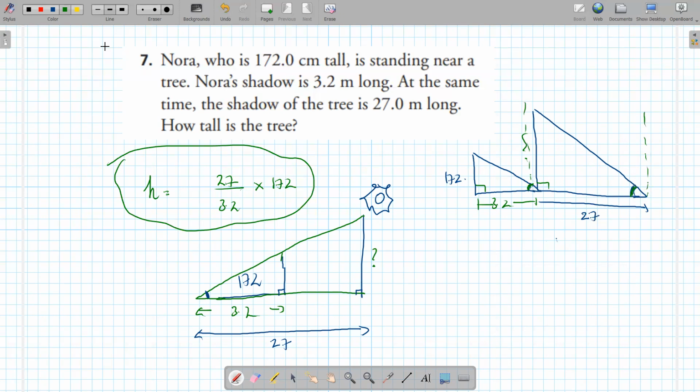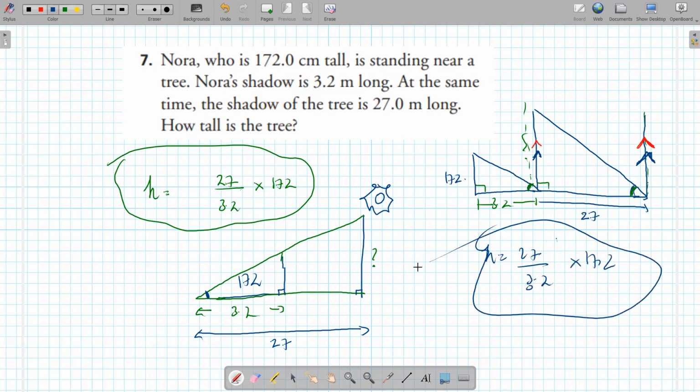I guess if you draw a vertical line here, then we know these two vertical lines are parallel. You can only say that angle is the same if these two lines are parallel. So I guess you should do it this way, but the answer is going to be exactly the same. Nothing really changes. 3.2 times 172, whatever that is on a calculator, and you're done.